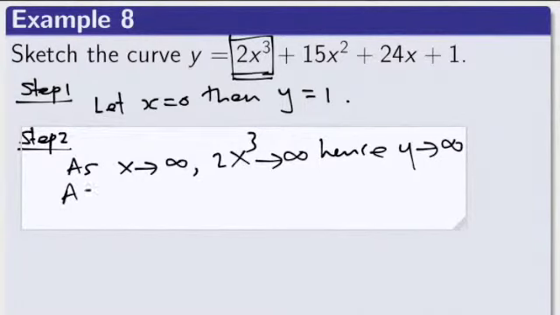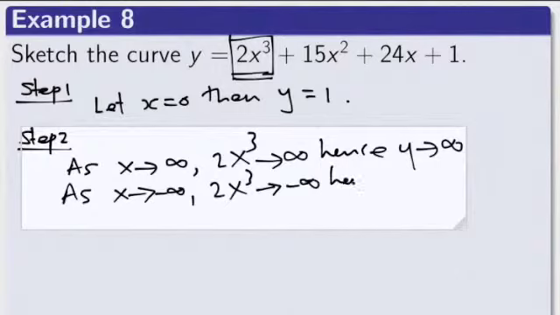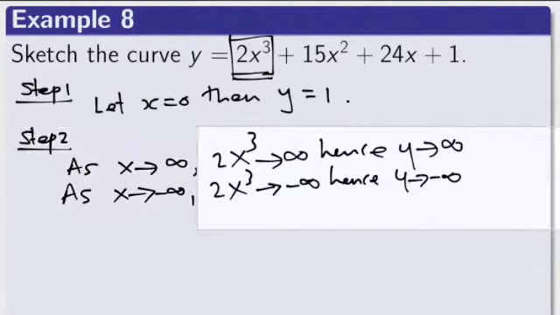Now, as x approaches minus infinity, if you cube a very large negative number, we'll get a very large negative number, and multiplying by 2 it's still very large negative. So this term approaches minus infinity, hence y approaches minus infinity.